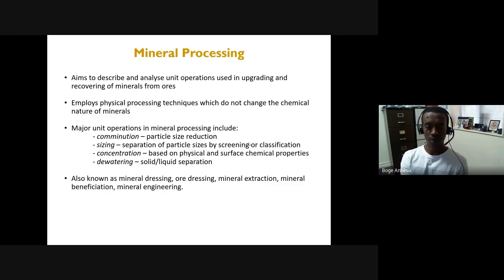When I say valuable, maybe the gold is distributed in 2% of the rock. Typically that 2% might be, for example, a sulfide. So we have 2% sulfide in the whole ore, and that 2% sulfide mineral is the one containing the gold. Ideally in mineral processing, the whole point is let's just recover the 2%, in this case maybe sulfide or an oxide, because the majority of the gold is found in that 2%.